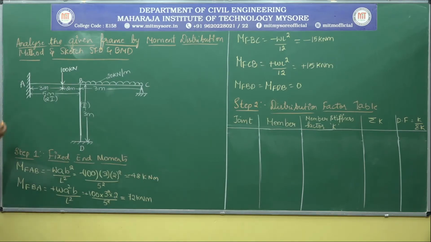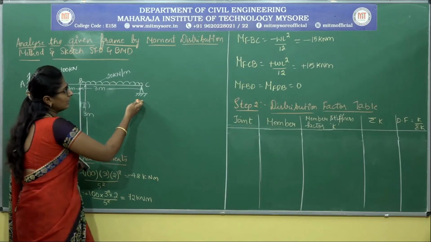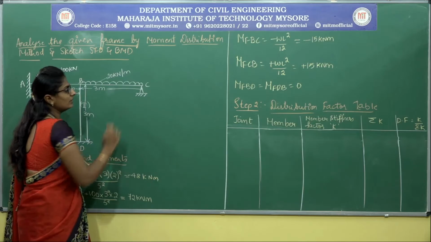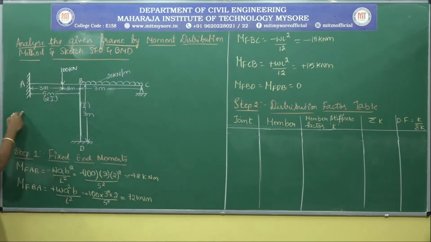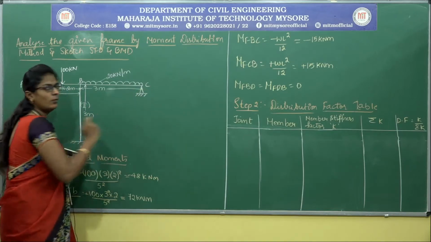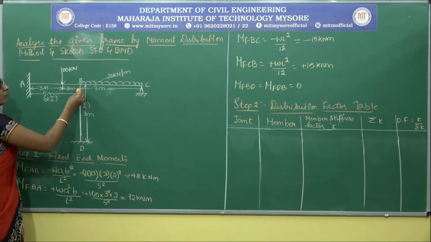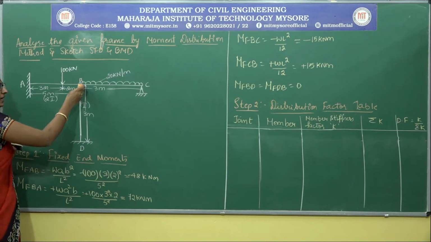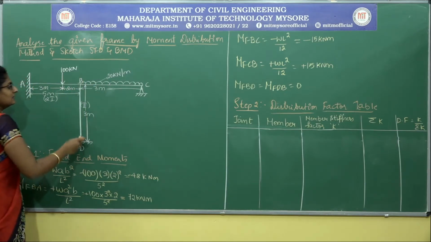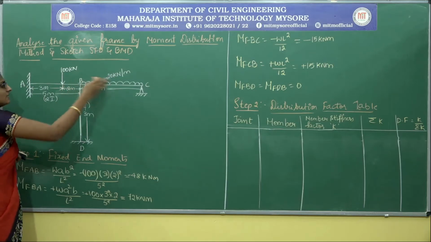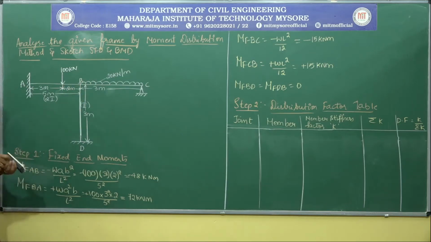That is, the distribution factor for a fixed support is given by 0 and that of the hinge support is given by 1. That means the distribution factor for A and D is 0 and that of C is 1. So we can directly take this joint B, for which the distribution factors has to be calculated for all the 3 members BA, BC and BD separately.